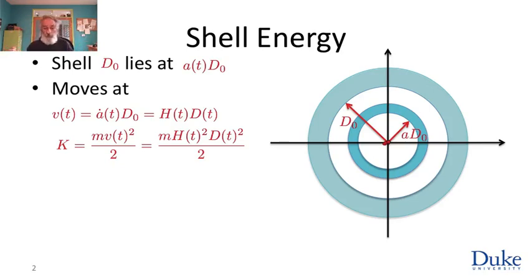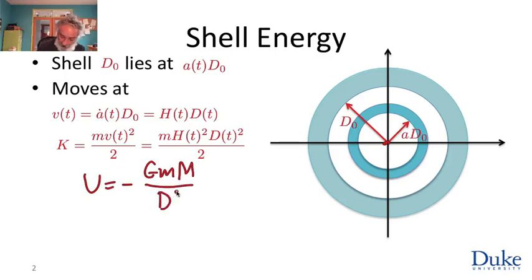So with that caveat in mind, the potential energy of this shell is easy to write. The potential energy U is given by minus G times M m divided by d0, or at any time t, d of t. Now, m, of course, is the mass of the shell.